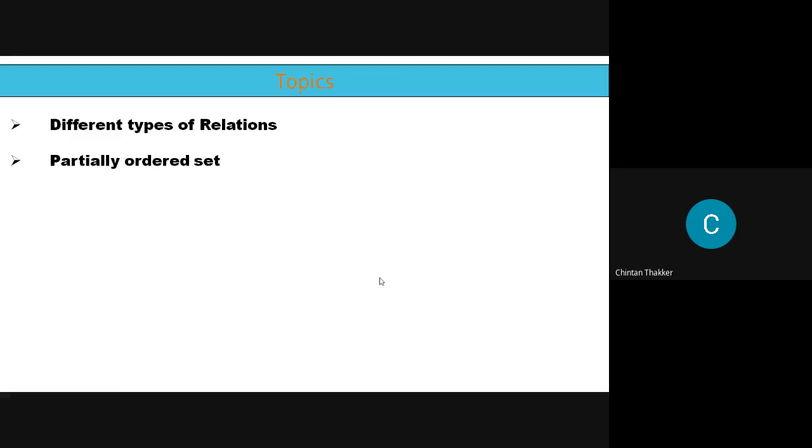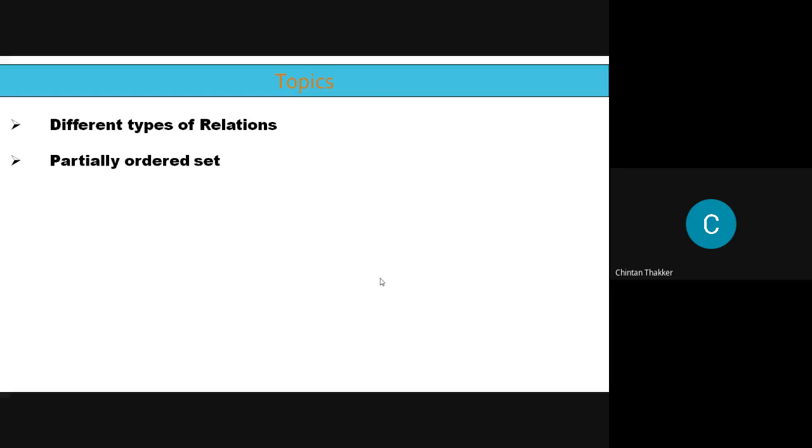One is reflexive, second symmetric, then antisymmetric, and the transitive relation. Using these four relations, we define the equivalence relation and the partial order set.